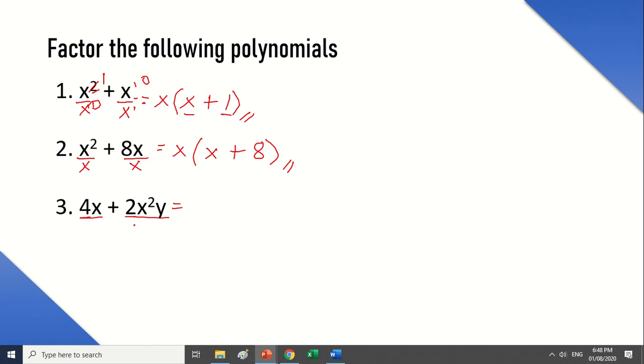So, we can say that the common factor for these terms is 2. So, write 2, write 2. Next, let's take a look at the variables. As we can see, for this expression, we only have 1x. Then for the second term, we have x and y.